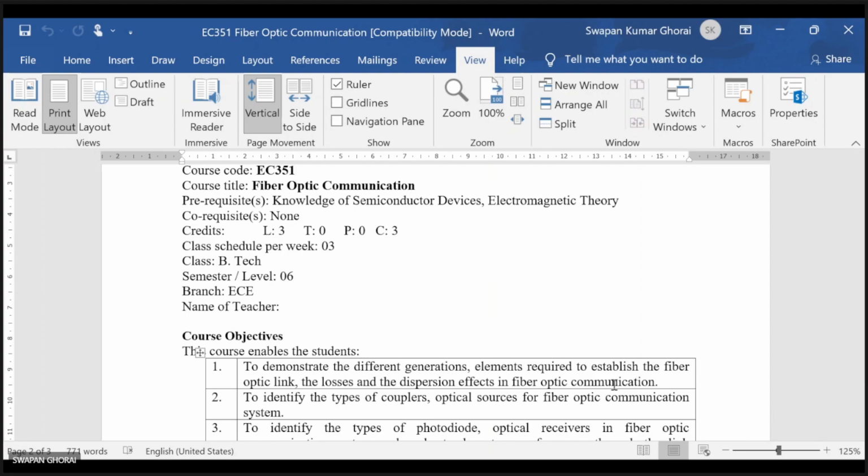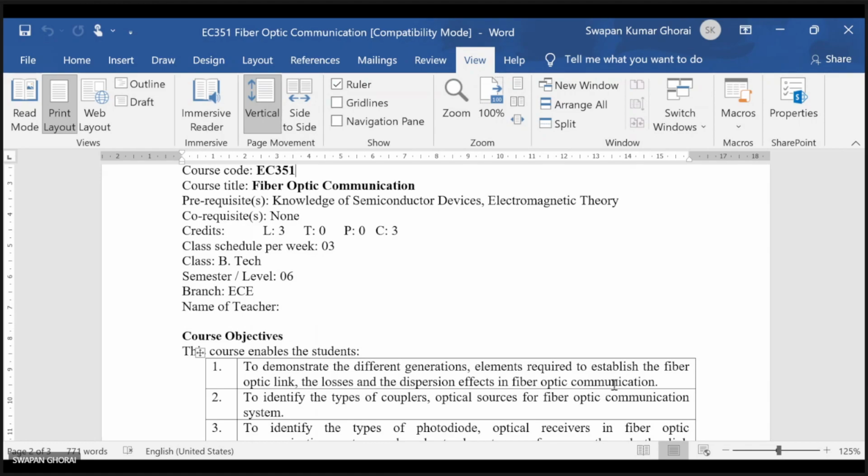That is our objective to be discussed, along with the elements required to establish the fiber link. Different elements are there, and also fiber communication is not an ideal system. So, like any other communication system, some losses would be there. To some extent we have seen losses in data communications. Of course, the dispersion effect I have not covered.